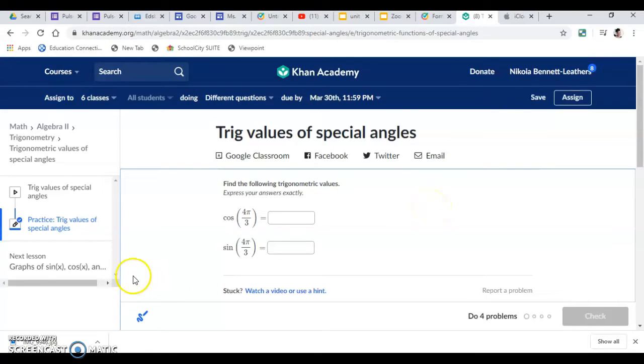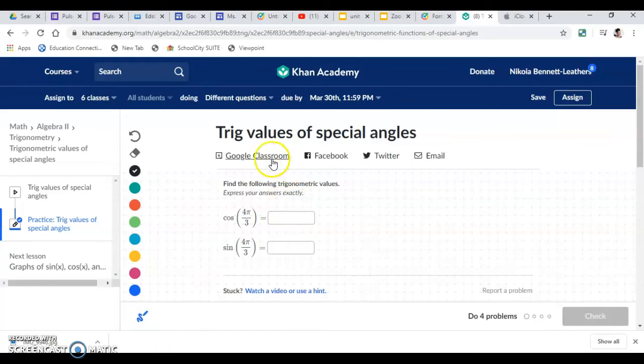Okay, let's start. This says, express the following trigonometric values. So I'm finding the cosine of 4 pi over 3 and the sine of 4 pi over 3. I'm going to remember that cosine is the x and sine is the y coordinate point. And then I'm going to think about the reference angles.